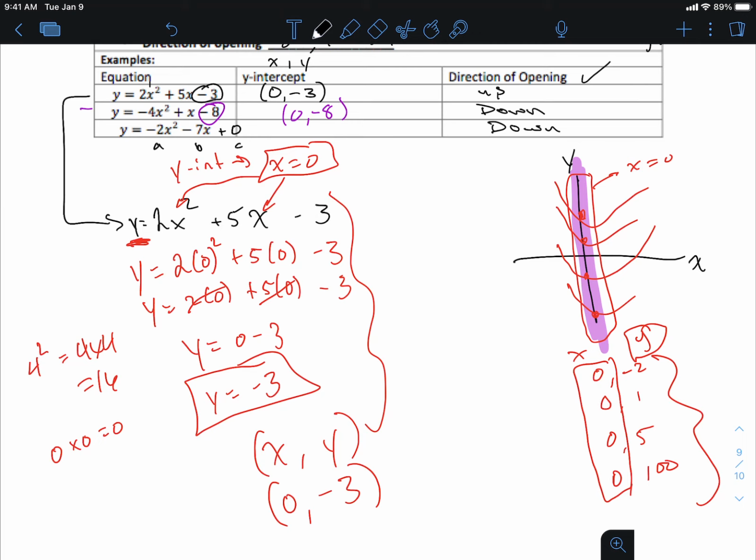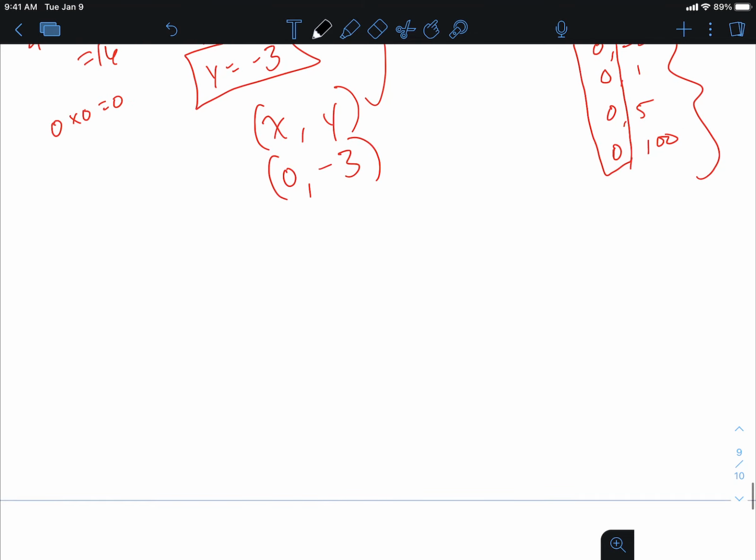If you're just adding nothing, then you haven't changed anything, right? Which means that the C value is 0. Our y-intercept, therefore, is going to be (0, 0). On our grid, (0, 0) is right there, which means our graph is going to do something like this.